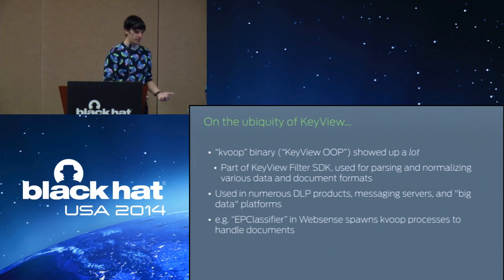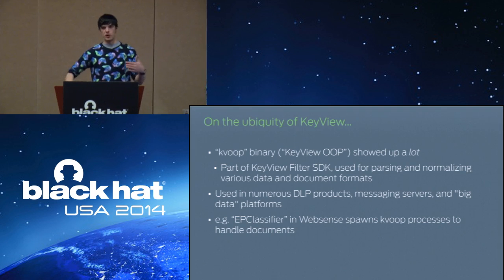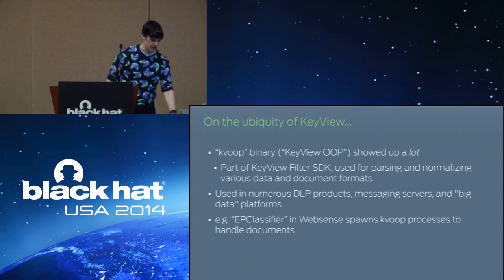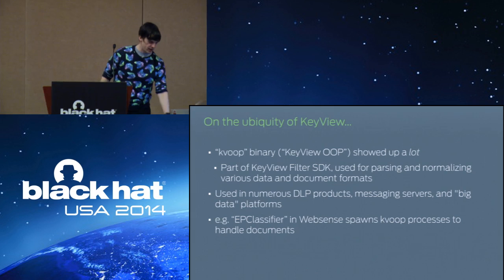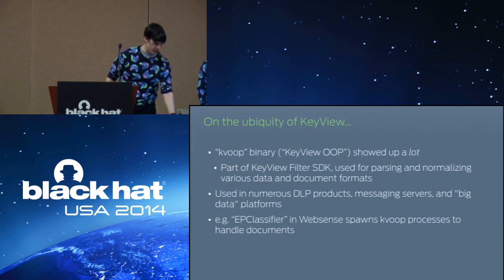Obviously this is used in DLP products. What we saw in Websense was an EP classifier process that would spawn all of these KVOOP processes. Suffice to say, find a bug in KVOOP and you get the power-up and win the game.